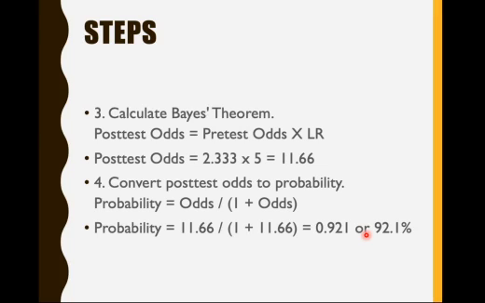Meaning, we have a patient whose pretest probability is 70%, and then we did the MOCA, and we found out the MOCA has 75% sensitivity and 85% specificity.